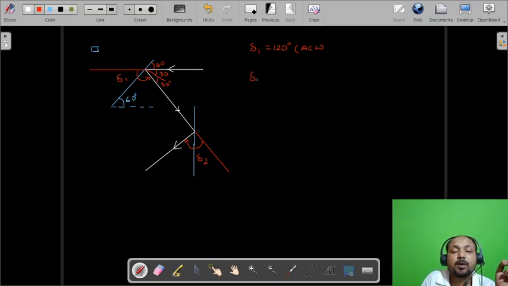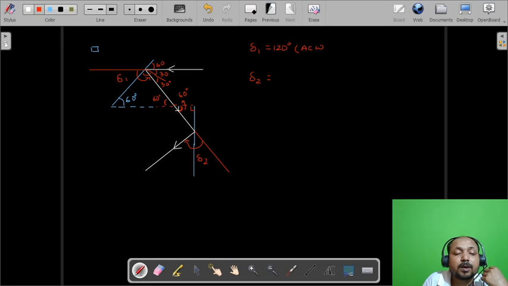Similarly, del 2 will be equal to how much? We need to find out this angle. So this angle is equal to this angle. Here this angle is 90 degree, this angle is 30 degree. Okay, 60, 60, so this angle will be 60, so this angle will also be 60 degree.